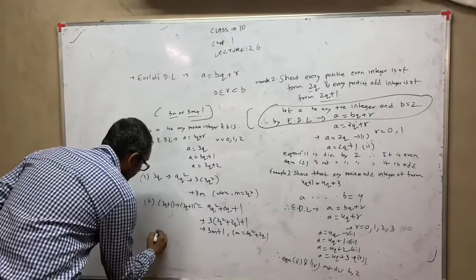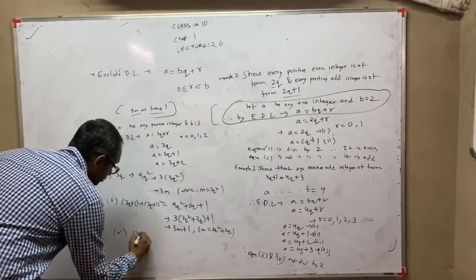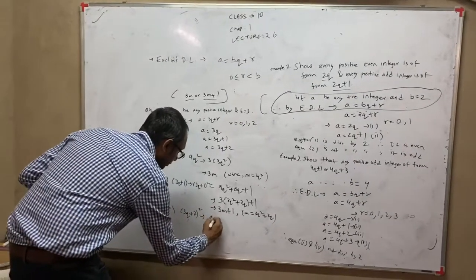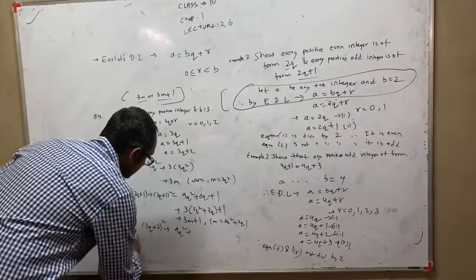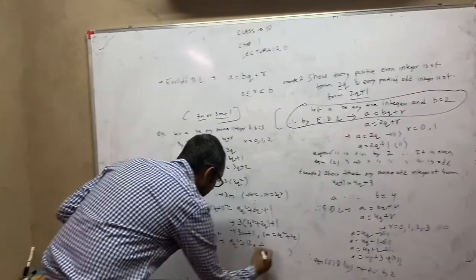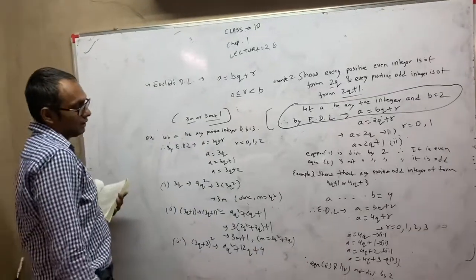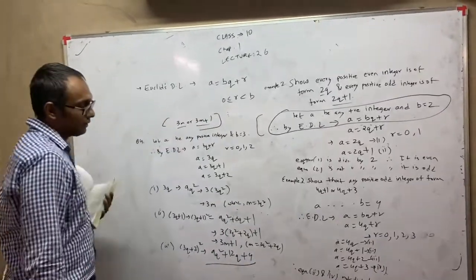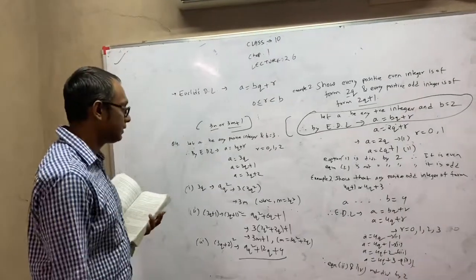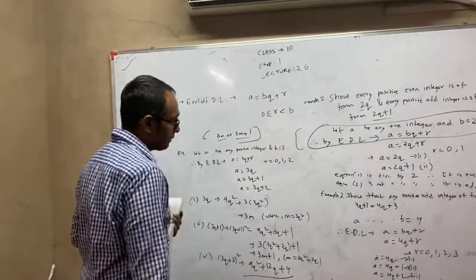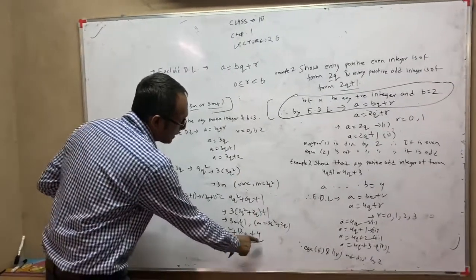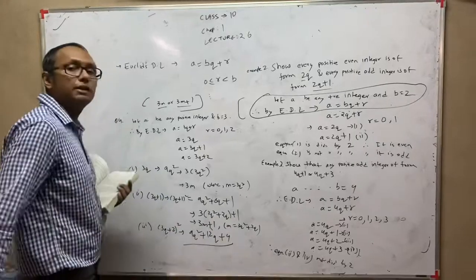Similarly, now for the third, 3q plus 2 whole square. When I do that, 9q square plus 2 3 are 6, 12q, and plus 4. Now when I reach this one, we have to think a little how to represent it in the form 3m plus 1, because I can't take 3 common out, and if I take something common out from only these two terms, then plus 4 is remaining, whereas I want plus 1 to be remaining.